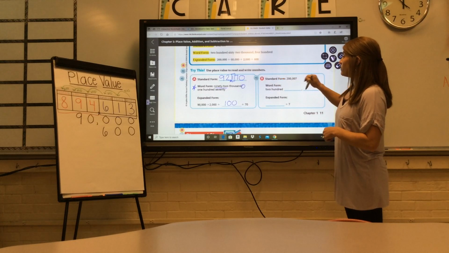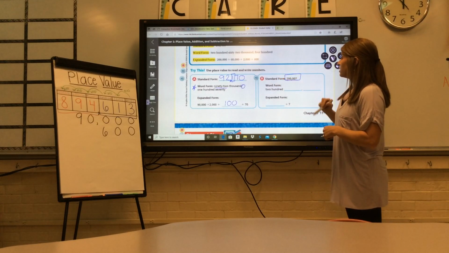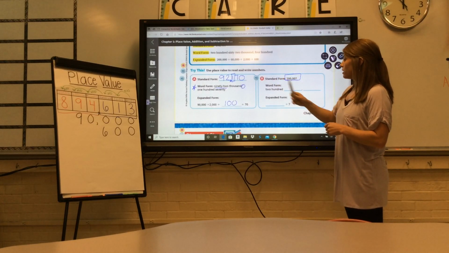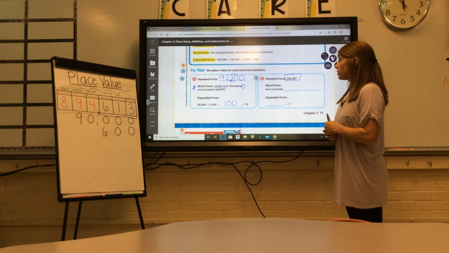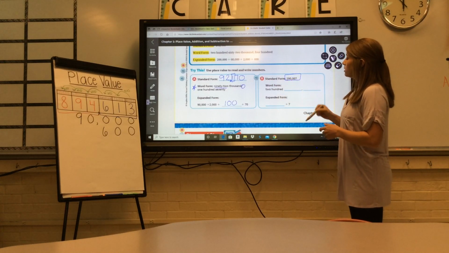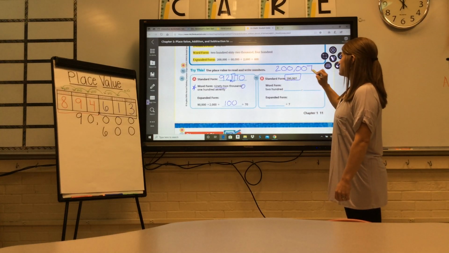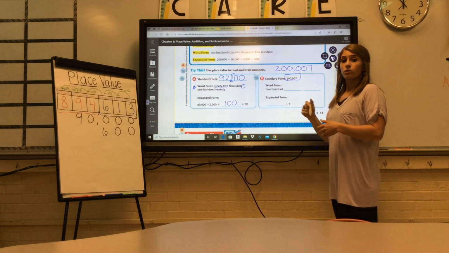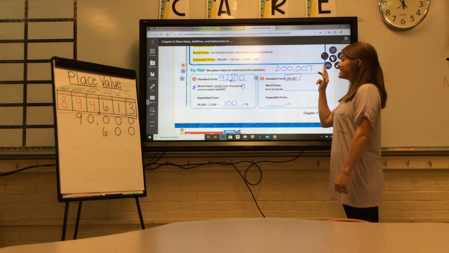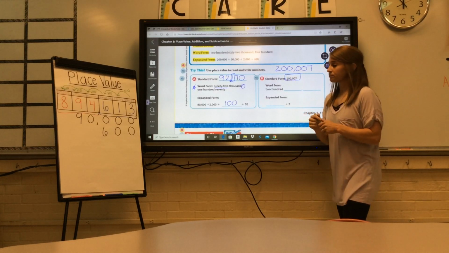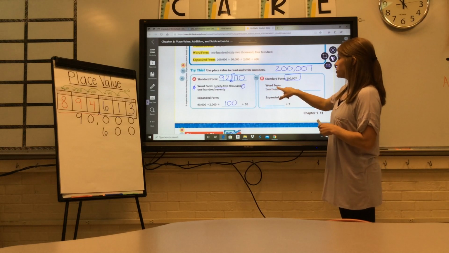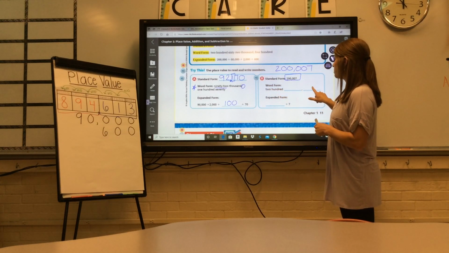Okay, let's look over here at B. For standard form, they've given us the number, and then they want us to finish writing it in word form and expanded form. So standard form, what number is this? How would we say that? I'm going to write it a little bit bigger so you can see it. Right, that's 200,007. Very good. So for word form, they've given us 200 blank, comma, blank.